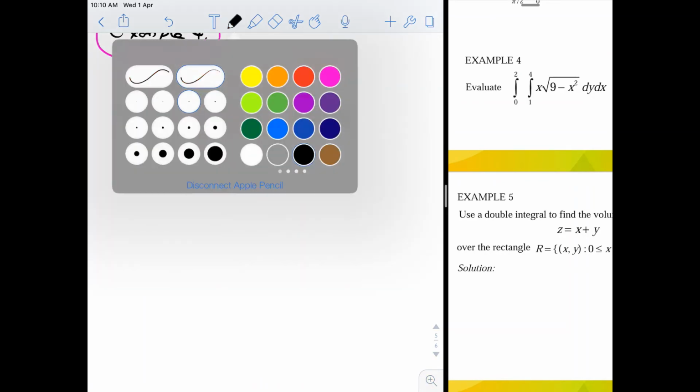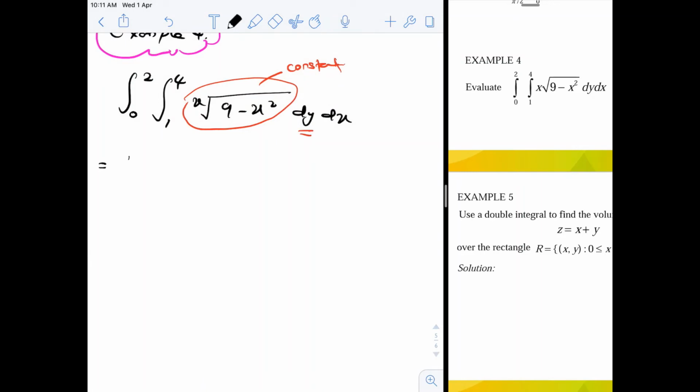Therefore, we will have 0 until 2. Since just a constant, so we can take this out. So x square root of 9 minus x squared, integrate constant with respect to y, we get the constant multiplied by y, right? So we have y here. So substitute y equals to 1, y equals to 4 dx.